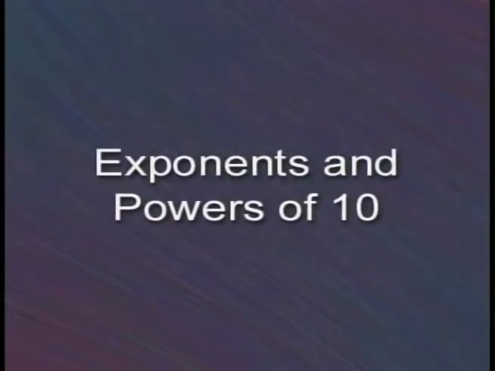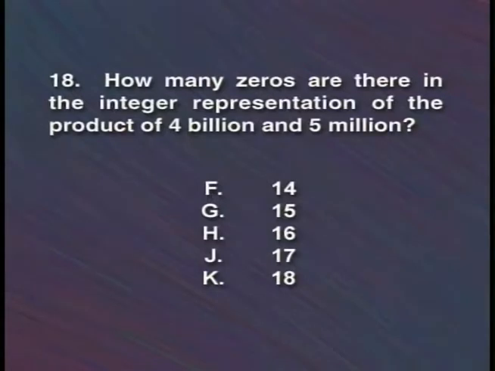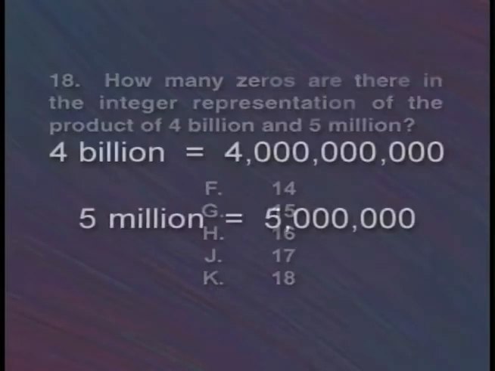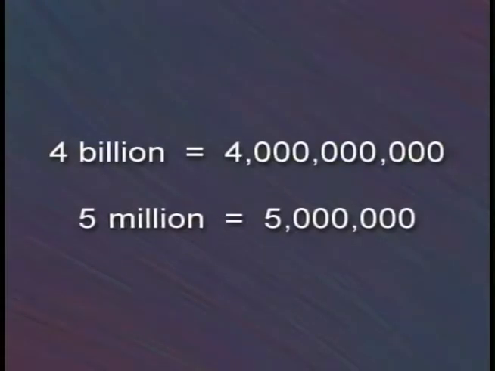Problem 18. How many zeros are there in the integer representation of the product of 4 billion and 5 million? 4 billion is written as 4 followed by 9 zeros. 5 million is written as 5 followed by 6 zeros.